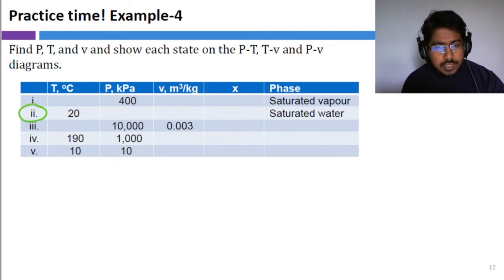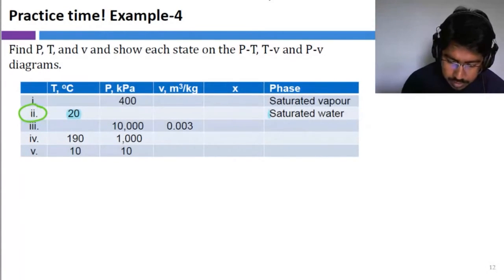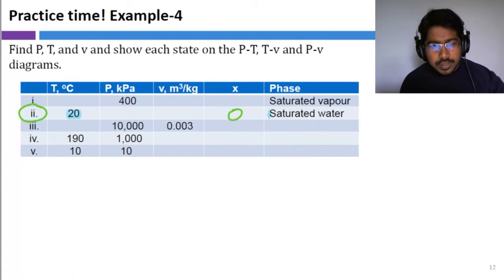Now, just by looking at these numbers, can we say the value of X already, without even looking at the tables? It's going to be 0, right? Because it's on the saturated liquid line, so it's going to be 0.